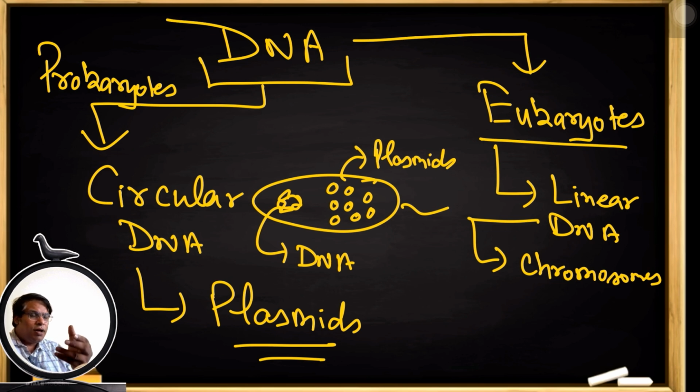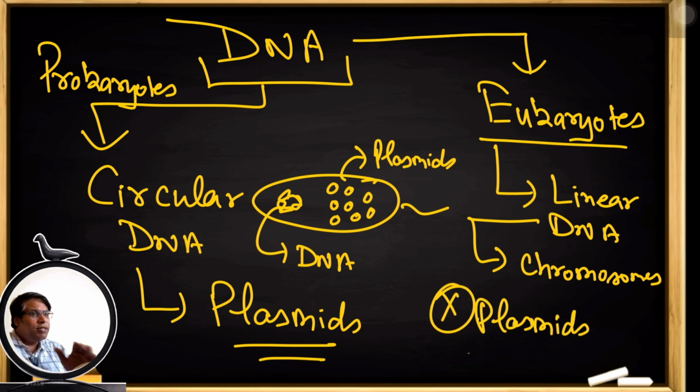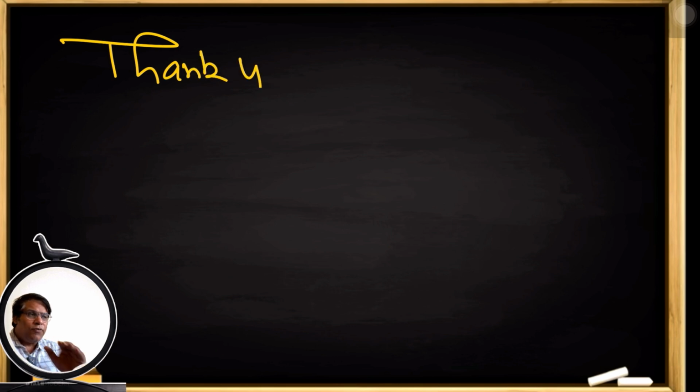But also keep in mind that you are not going to see generally plasmids. Plasmids are generally absent in eukaryotic cells, but generally plasmids are present within the prokaryotic cell. So these are some of the basic differences between prokaryotes and eukaryotes.